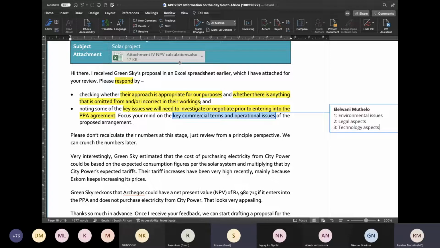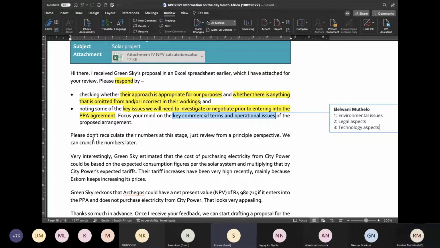All those things could have been good, but because Denise had said, focus your mind on the key commercial terms and operational issues, that could have been outside the scope of what Denise was looking for. The experts will provide her with that. It's not like it's irrelevant, but she is trusting that the legal experts and environmental experts will provide her with such.